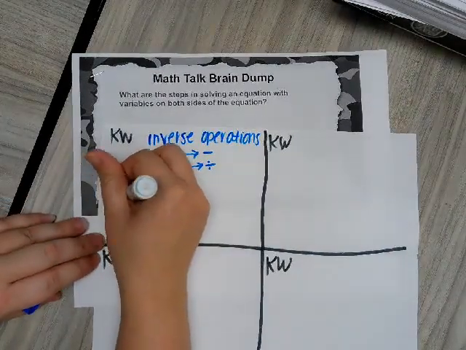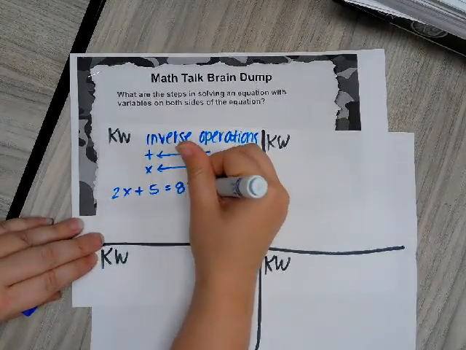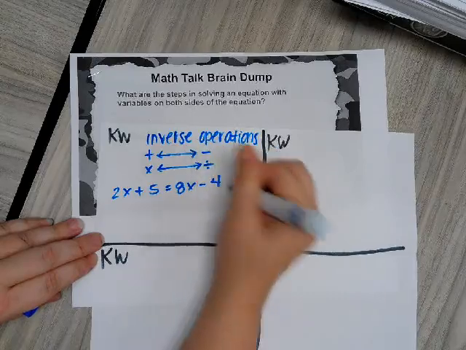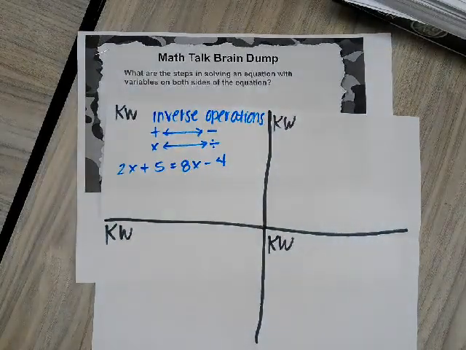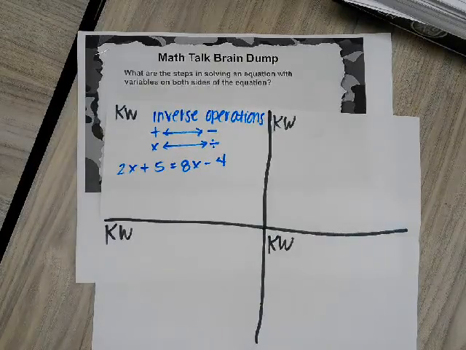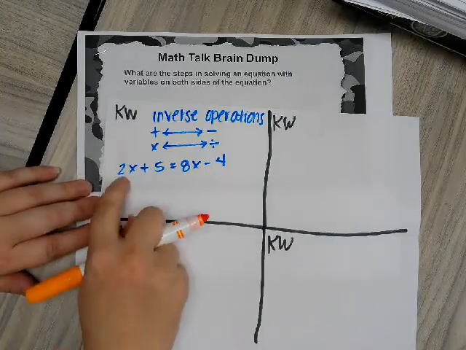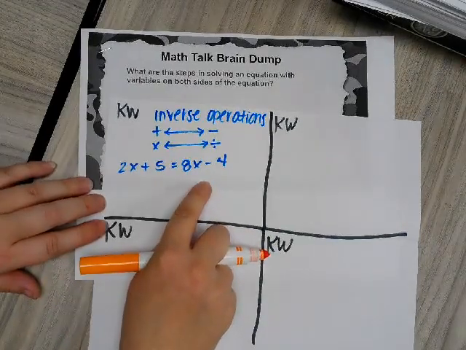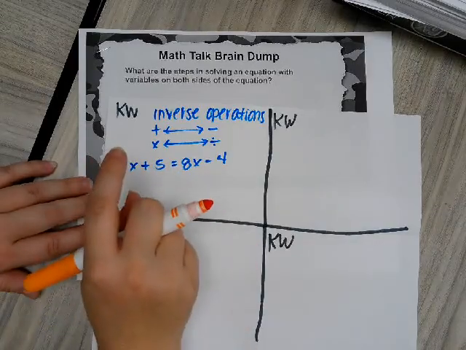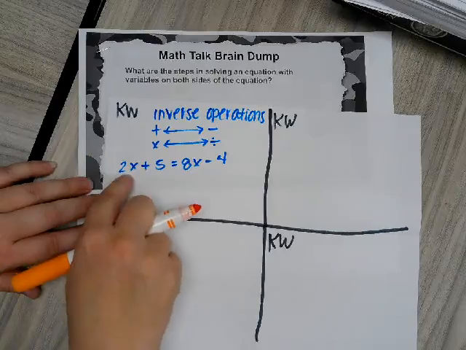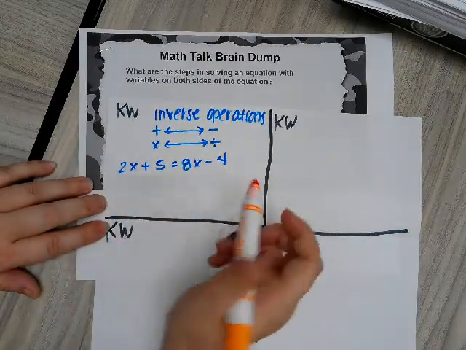So let's say we have 2x plus 5 equals 8x minus 4. The first thing we can do is work on our variables so that we have variables on one side.